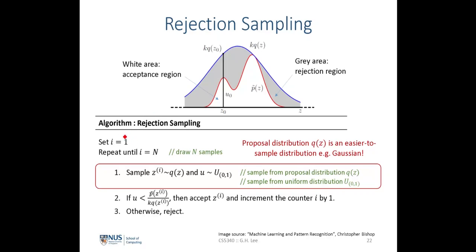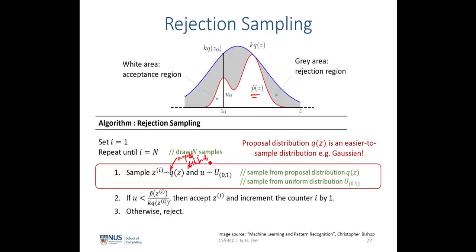Our target is to draw n number of samples from the target distribution, denoted by this red curve over here. Suppose that this red curve denotes P tilde of z, the unnormalized version of the target distribution. We'll first draw a sample from an easier distribution, which we know how to draw a sample from. We'll call this our proposal distribution.